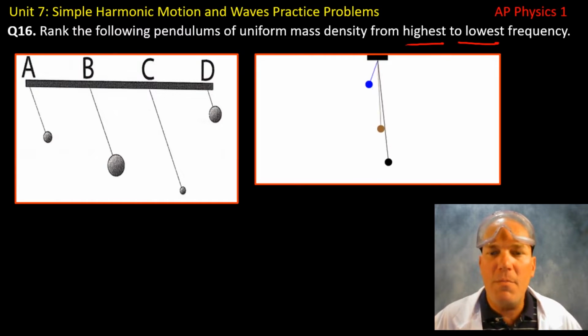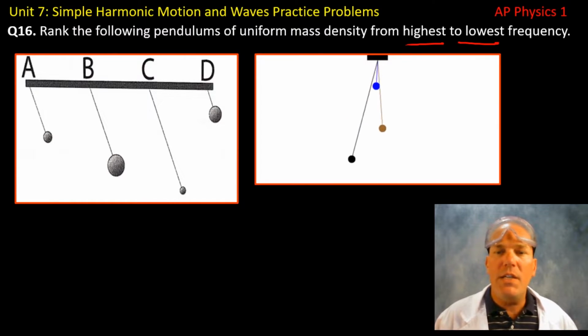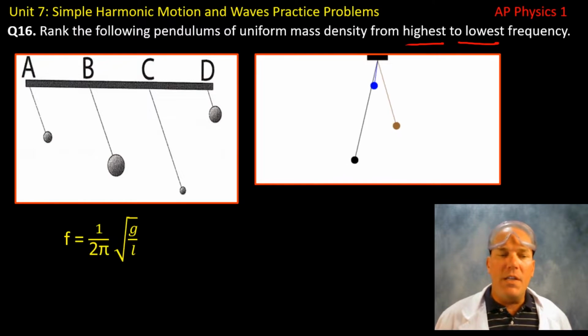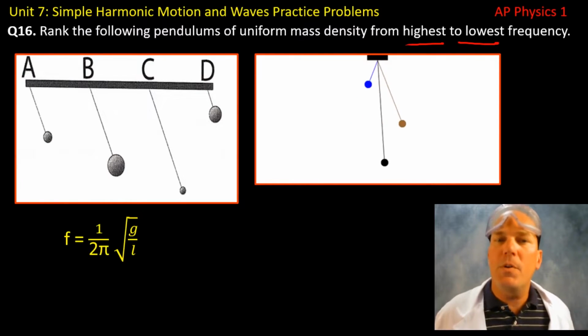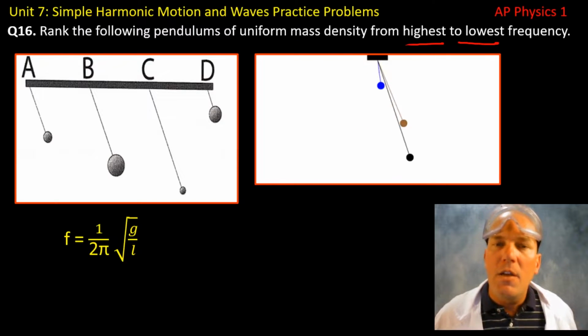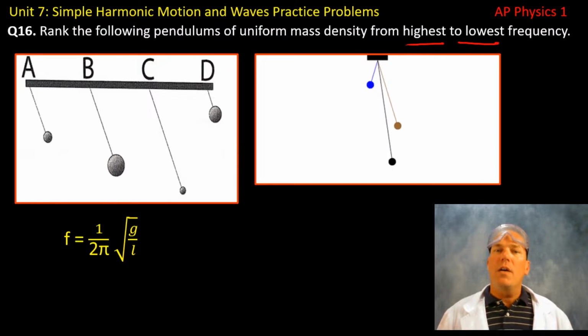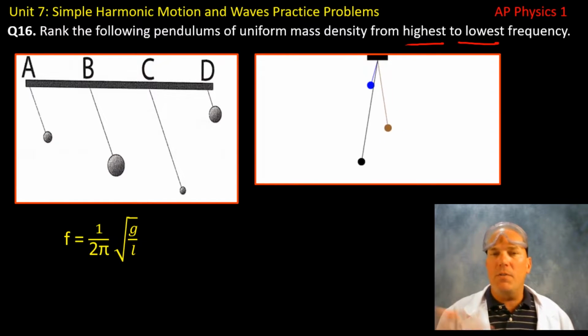And we've been over a number of these problems. So you can see mathematically that the frequency is directly proportional to the square root of little g, but inversely proportional to the square root of L.